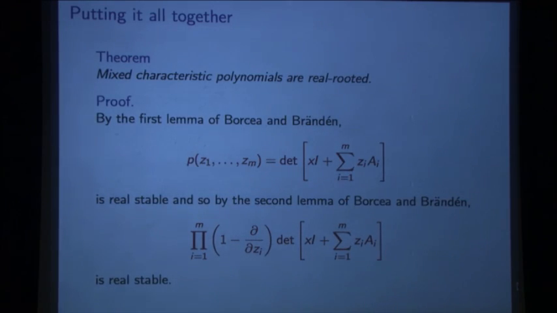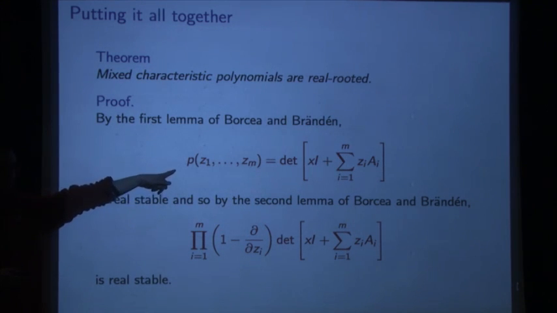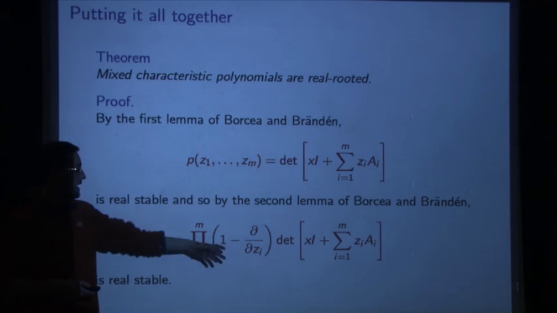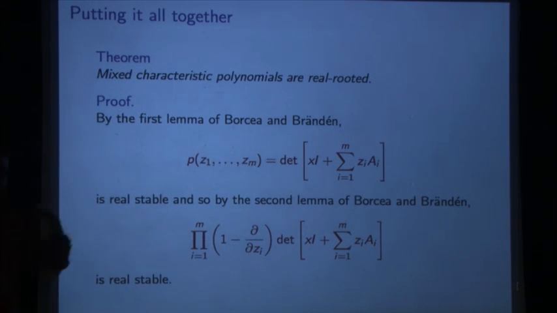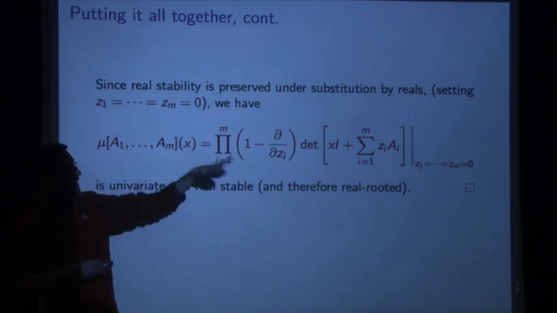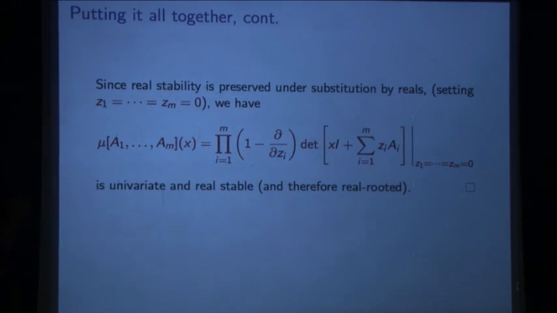Okay, so putting it all together, my claim is that mixed characteristic polynomials are real-rooted. By the first lemma of Borcea and Brändén, we know that this is real stable. By the second lemma, every time I do this operation, I maintain real stability. And then the last thing I do is plug in a bunch of numbers, and since real stability is preserved under substitution, what comes out is real stable as well.